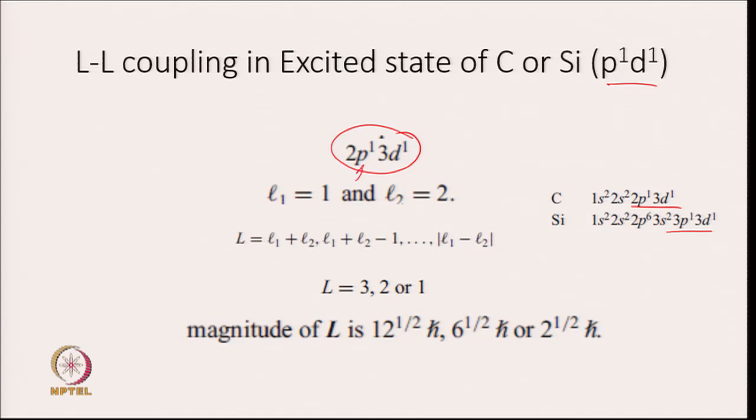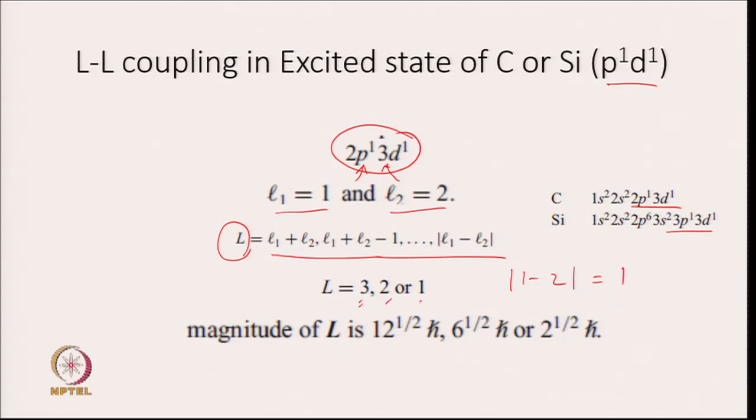One electron is in the p level, so l1 is equal to 1, and one electron is in the d level, so l2 is 2. And so, L is going to go from l1 plus l2 to the mod of l1 minus l2. 1 plus 2 is 3, and the mod of 1 minus 2 is 1.